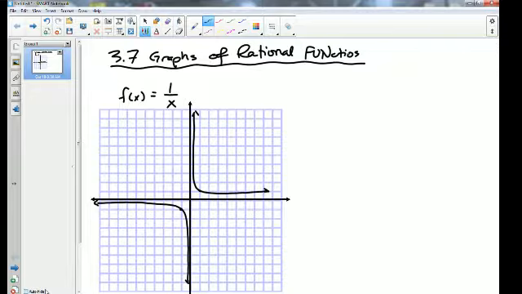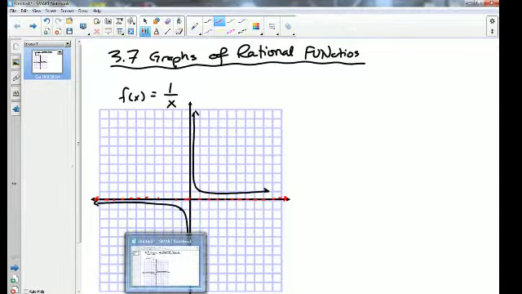So you know this, right? Did we talk about horizontal and vertical asymptotes? You've heard those words, I hope? Okay, that right there, does this function ever cross that line?